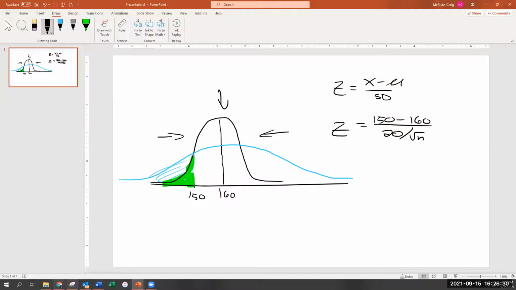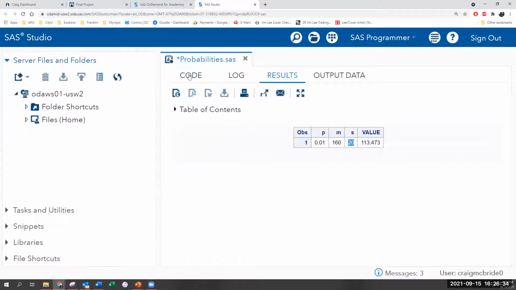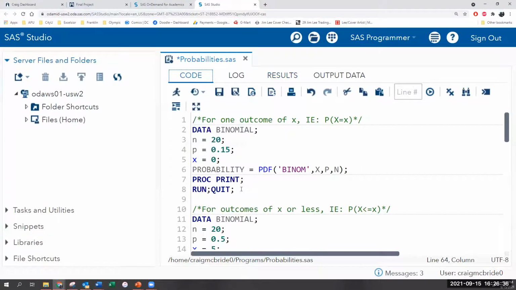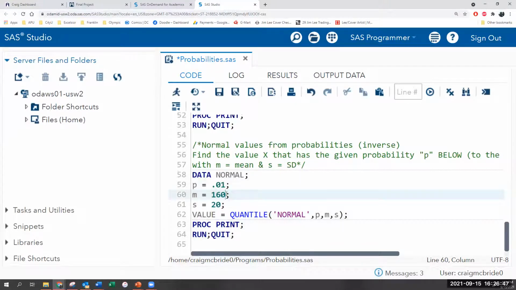And so now what we can do is go to SAS and use our quantile function, just like we could actually use tables, right? We could go, all right, I want to find the z-score that corresponds to an area of 1% below it. And z-scores, remember, come from normal curves that have been standardized.